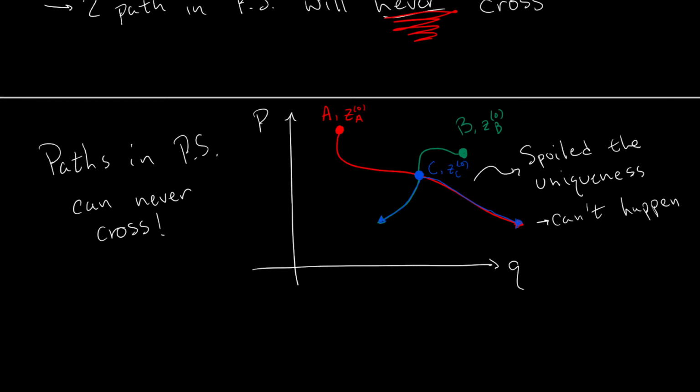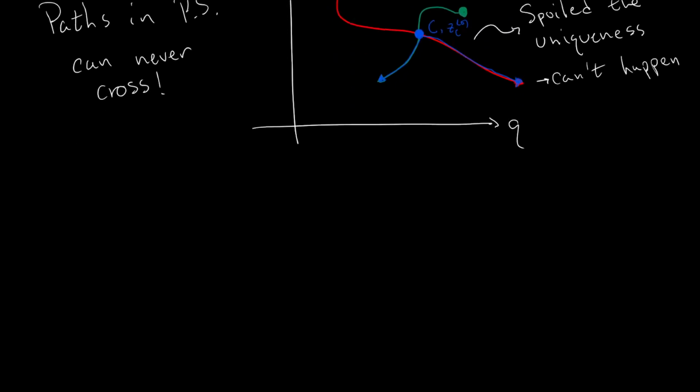And just to give an example of it, I want to look at one of our favorite systems to look at, period, which is the harmonic oscillator. Okay, so the harmonic oscillator has a Hamiltonian. We're going to specify to one dimension so that we can actually draw these plots fully. H equals p squared over 2m plus k over 2 x squared. This is our Hamiltonian for the harmonic oscillator.